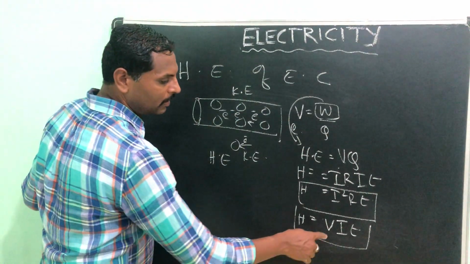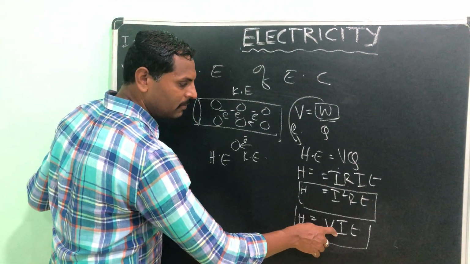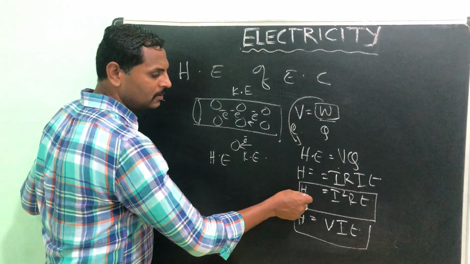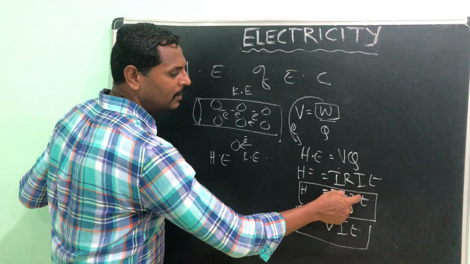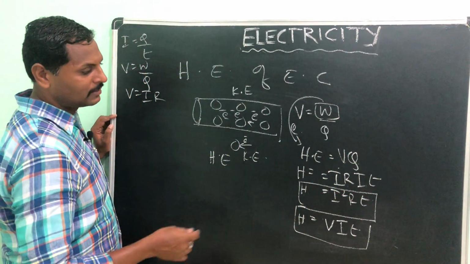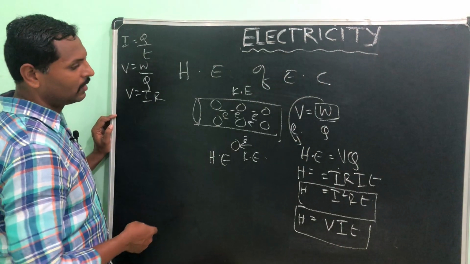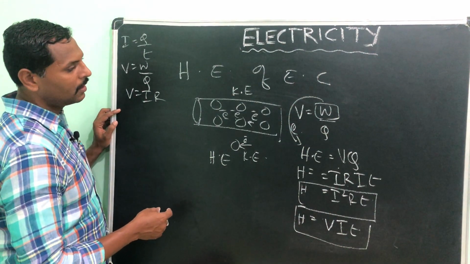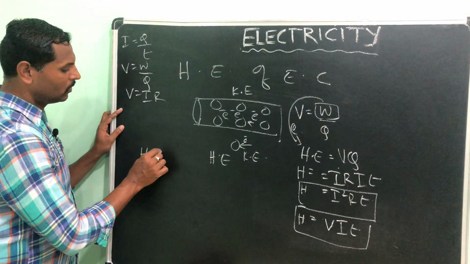Okay. If the voltage is given, current is given, time is given, then you can find out the heat energy. And in the first formula, if current is given, resistance is given, time is given, then you can find out the heat energy, right? So, one more you can substitute in the V, that is H is equal to VQ.